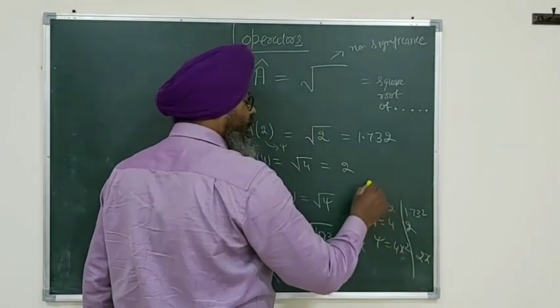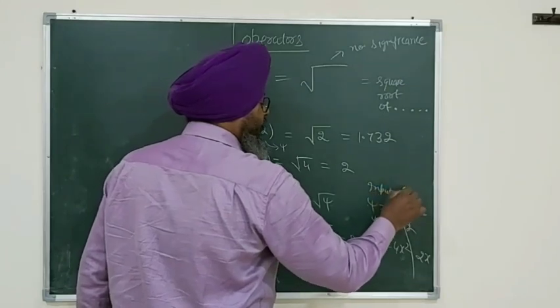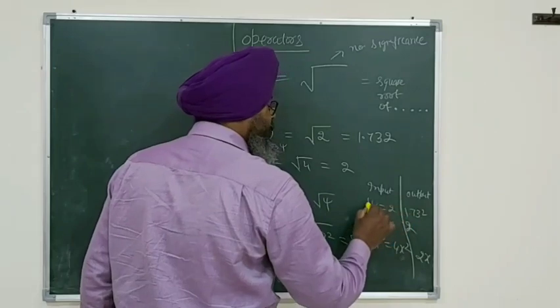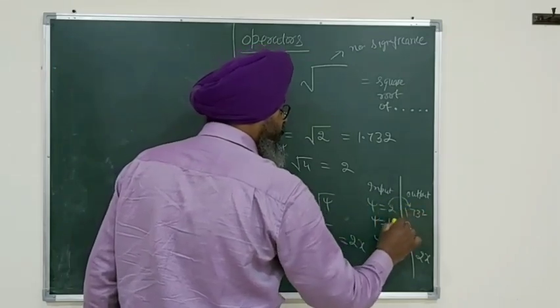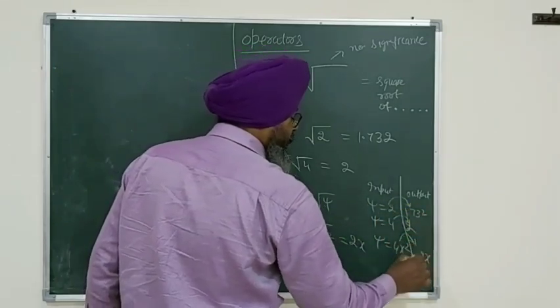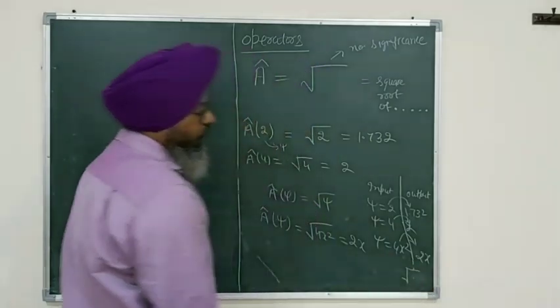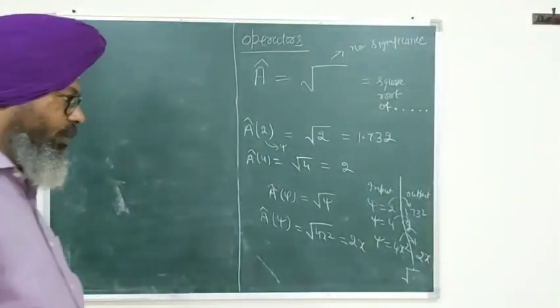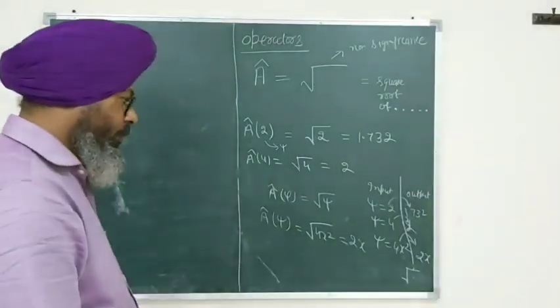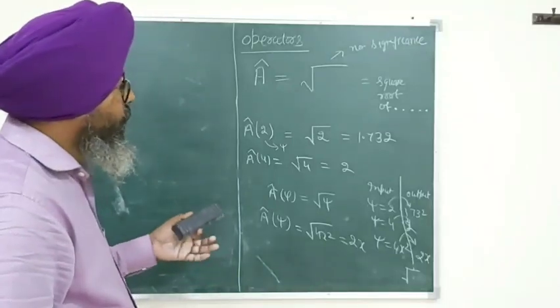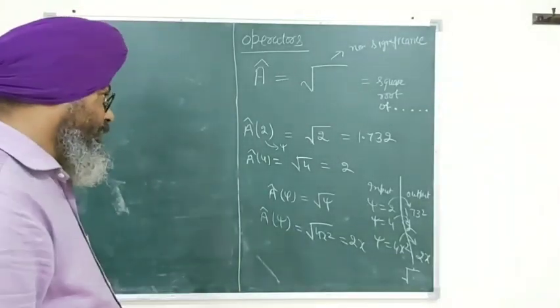So this is the input and this is the output, and this input has been changed into this output because of the contribution of this operator, that is square root. This transition is possible because of square root. So this kind of operation is an operator operation.